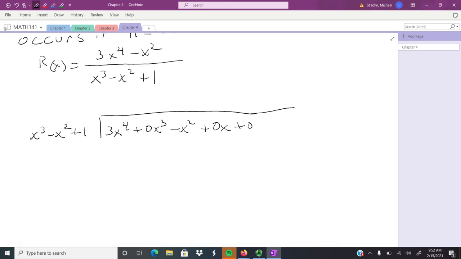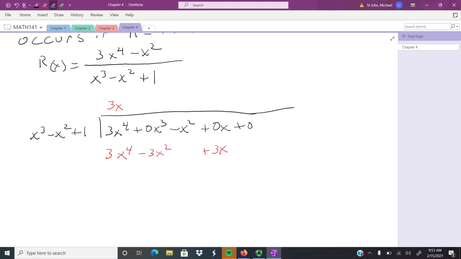What do I have to multiply x cubed by to get 3x to the fourth? That'll be 3x. The next step is multiplying. So this is going to give me 3x to the fourth minus 3x squared plus 3x.